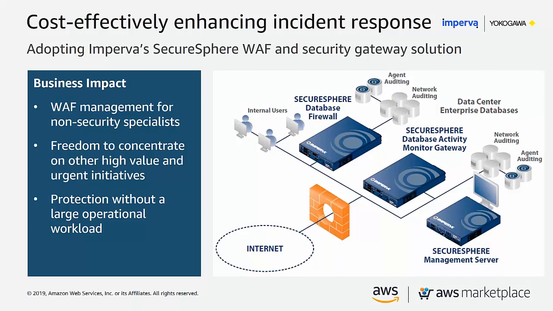So as part of their move, they went with Imperva, purely because they could deploy this infrastructure in a very repeatable way and not have to have the security expertise on all of the business units or on all the dev teams, and they could come up with a repeatable pattern and basically protect their assets without needing all the cybersecurity experts to work on this.